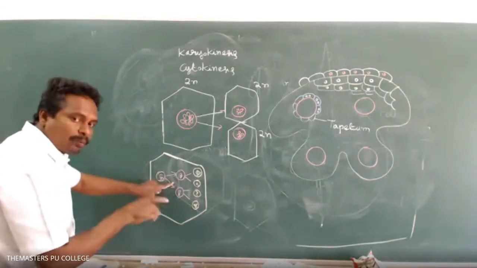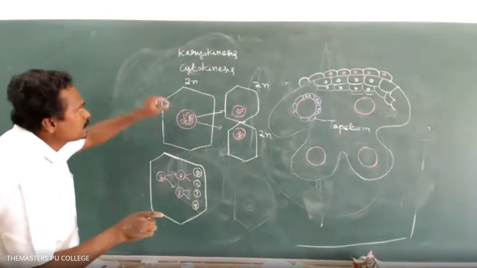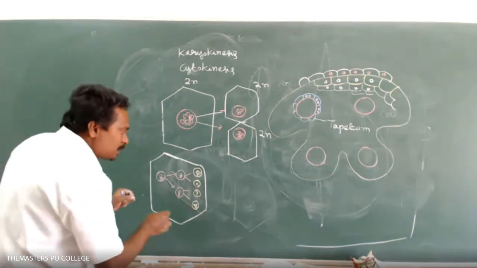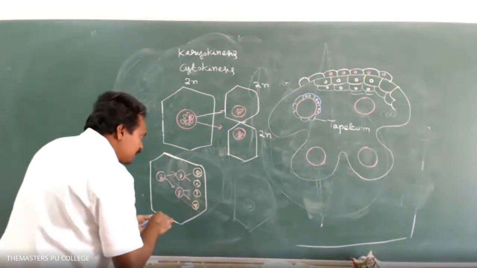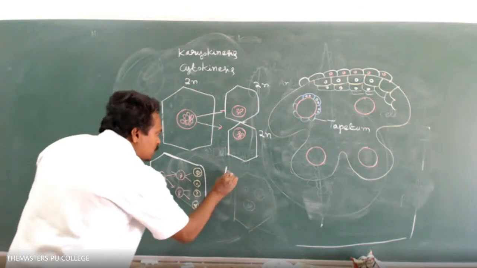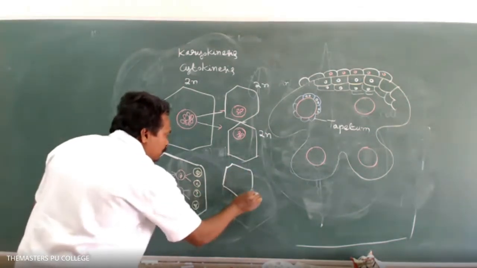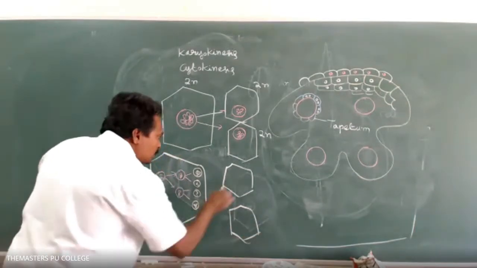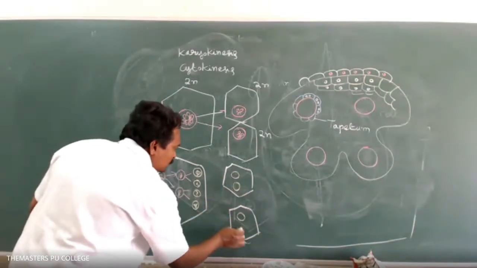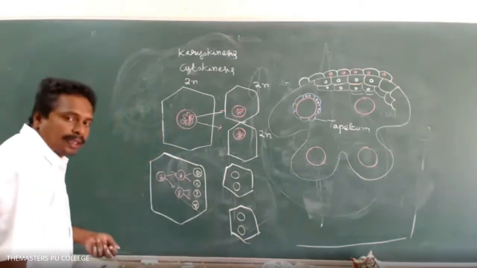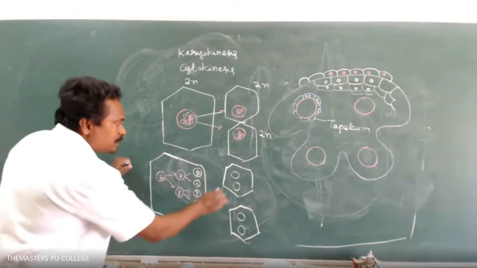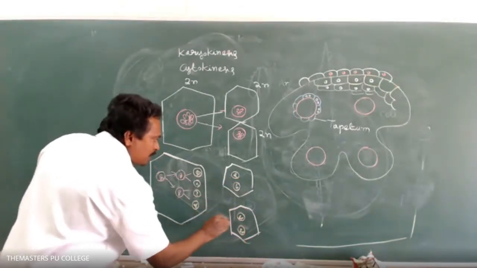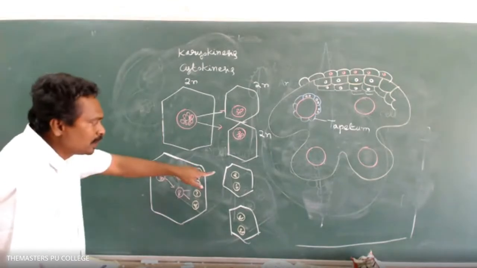After the formation of four nuclei, cytokinesis takes place. As a result, one cell is divided to give rise to two progeny cells. Now each newly formed progeny cell has two nuclei. There is no change in ploidy. Each cell has how many nuclei?